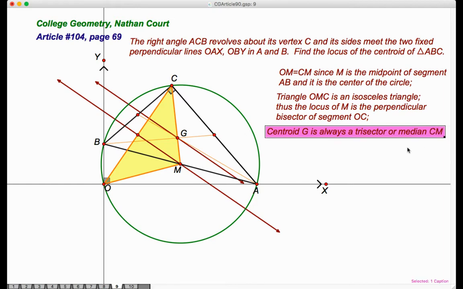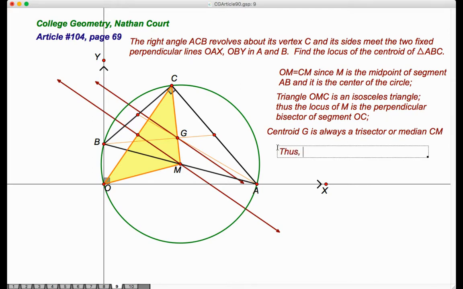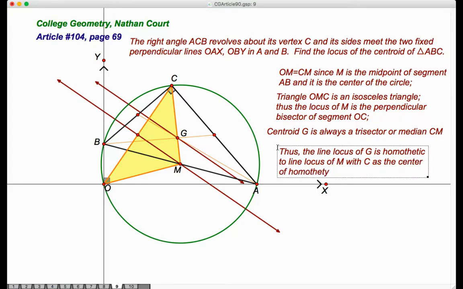And thus, the line locus of G is homothetic to the line locus of M with C as the center of homothety, and the ratio of homothety is 2:3. And that's it. Cool, huh?